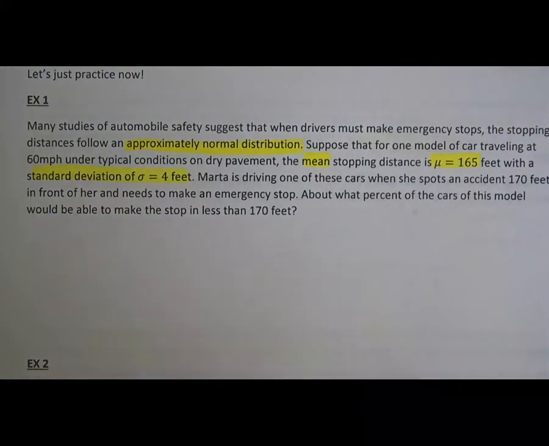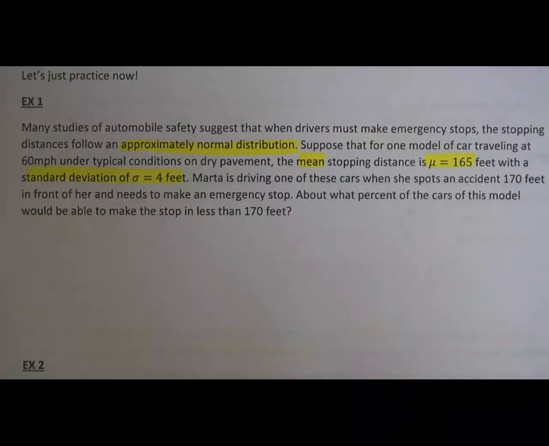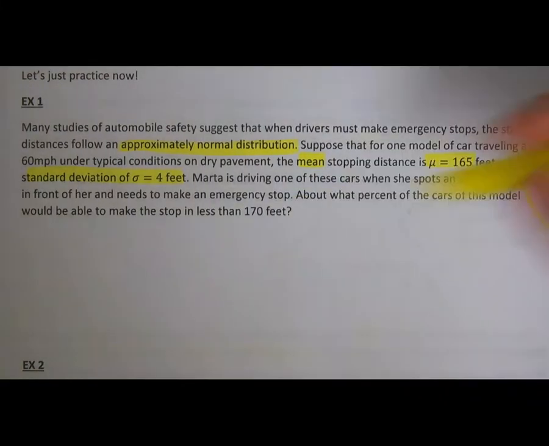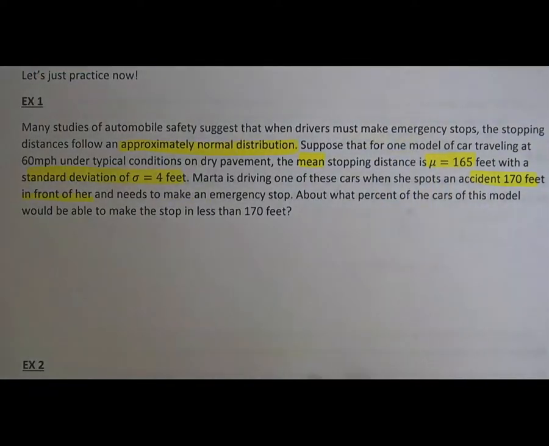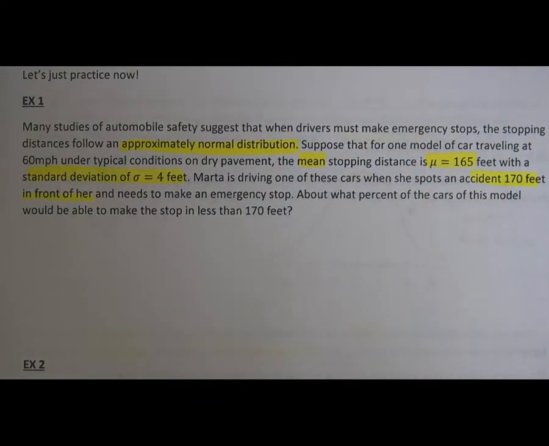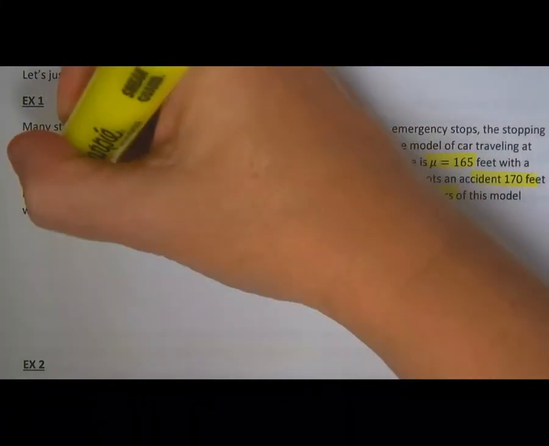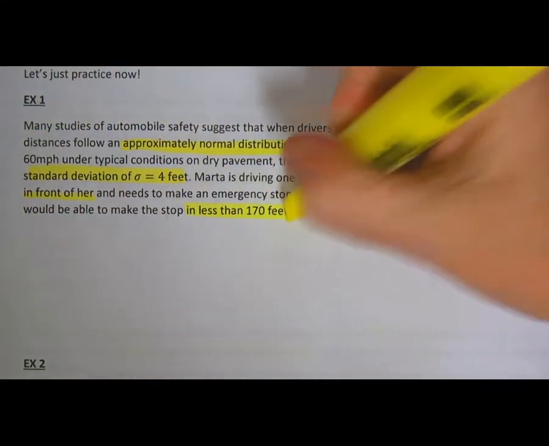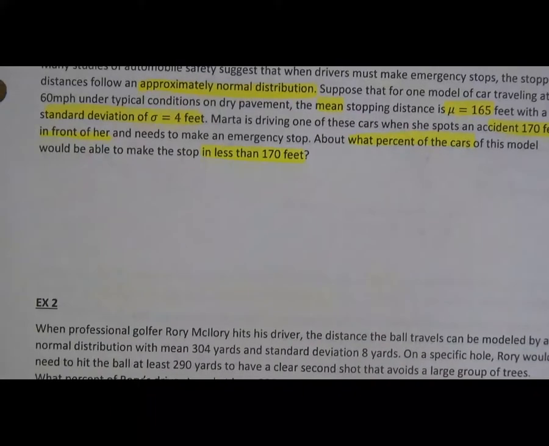We've seen this problem before, I think. Marta is driving one car. She spots an accident 170 feet in front of her, and she needs to make an emergency stop. What percent of cars could stop in less than 170 feet is the question. Let's draw a picture.